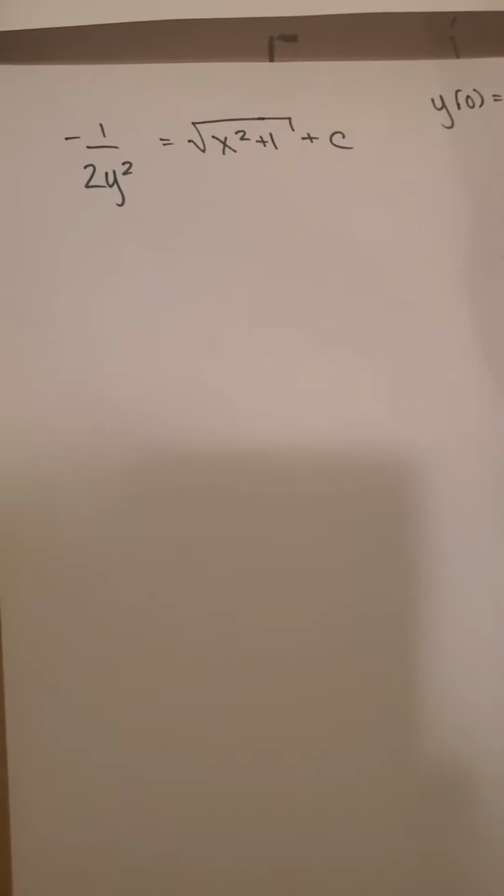So we have negative 1 over 2y squared, so negative 1/2 over y squared equals square root of x squared plus 1 plus c. I'm actually just gonna plug in y0 equals 1 because I just want this to move easily.